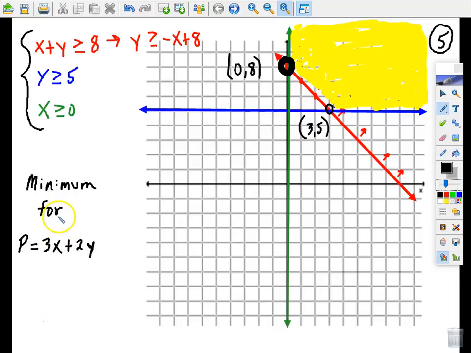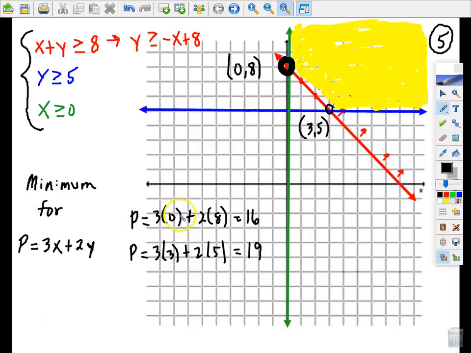And our job is to minimize the given function. So let's test each one of the vertices, starting with 0, 8. I'll do 3 times 0 plus 2 times 8, and that gives me 16. And then for the other vertex, I've got 3 times 3 plus 2 times 5, and that's 9 plus 10, which is 19.